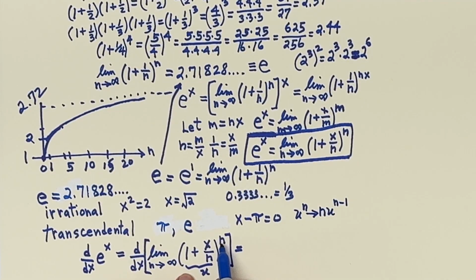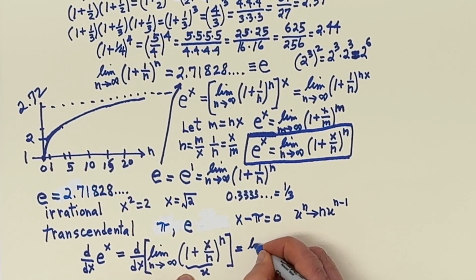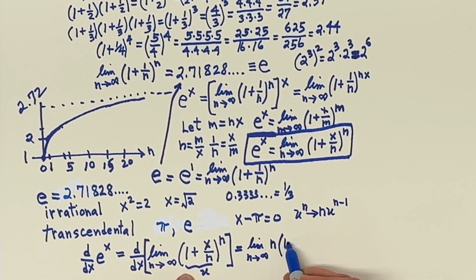So I'm going to pull this n down and do that. So here we have the limit as n goes to infinity. We're going to pull the n down and then have 1 plus x over n to the n minus 1.